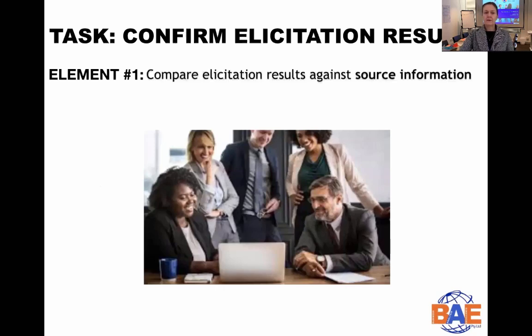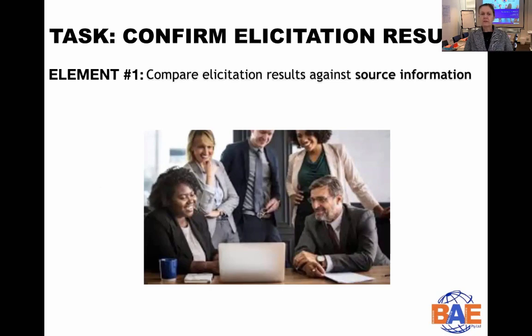Okay, so here it's simply about taking your elicitation results that you've captured, could have been in an interview, could have been by doing research, or it could have been a workshop, and go and compare it against the source information. And source information could be documents, could be people that gave you that information.